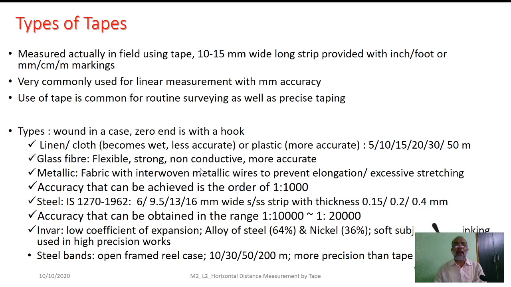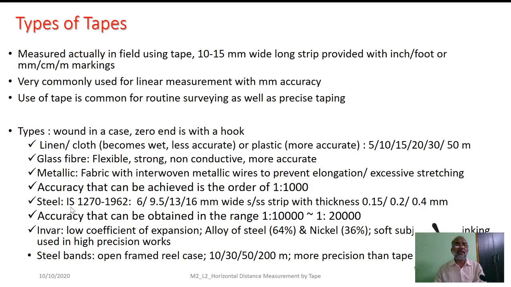Here, the accuracy that can be easily achieved is in the order of 1:1000, but as we go for use of the metallic tape, glass fiber tape, the accuracy can be had in the range of 1 in 2000 to 1 in 3000.